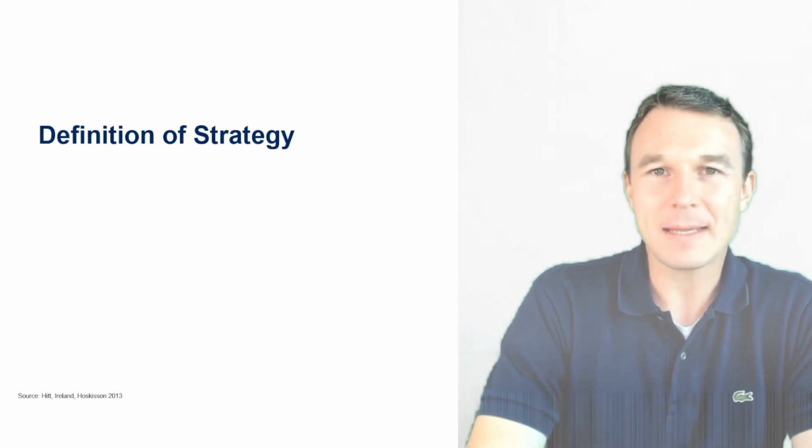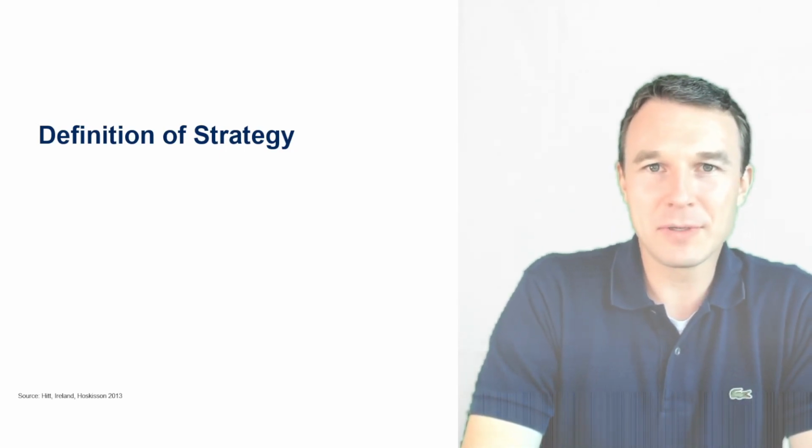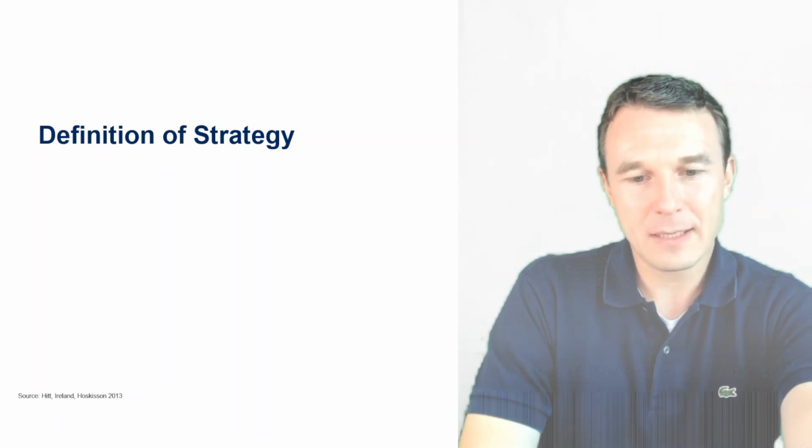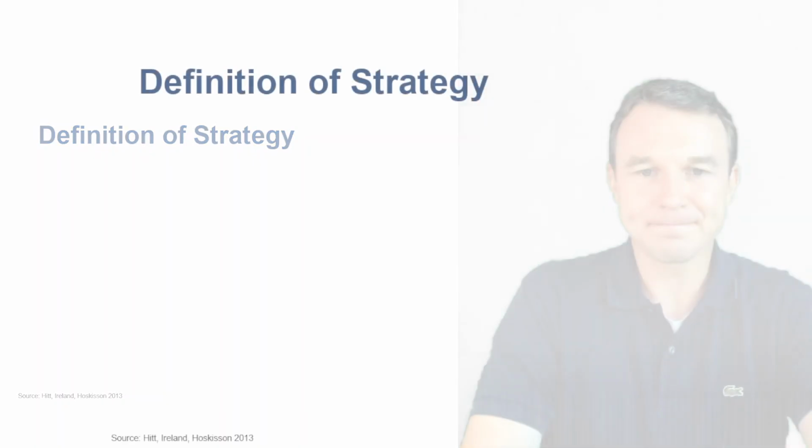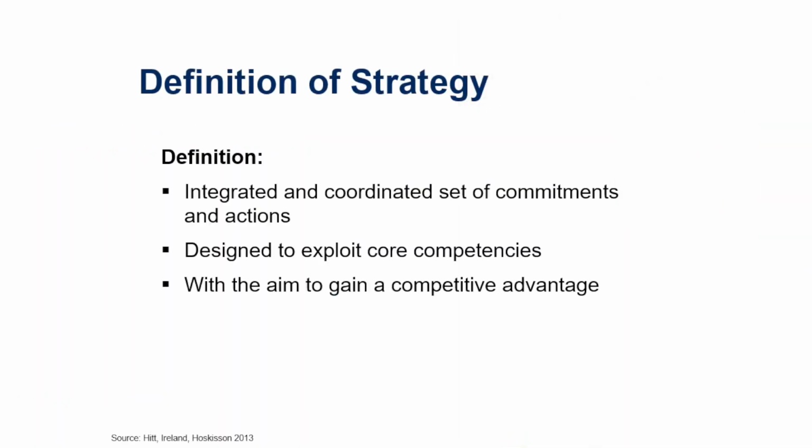But as we talk about business strategy, we need a bit of a more peaceful definition as well. And here I would like to refer to the definition of Hitt, Ireland, and Hoskisson. They define strategy as the integrated and coordinated set of commitments and actions designed to exploit core competencies with the aim of gaining a competitive advantage.